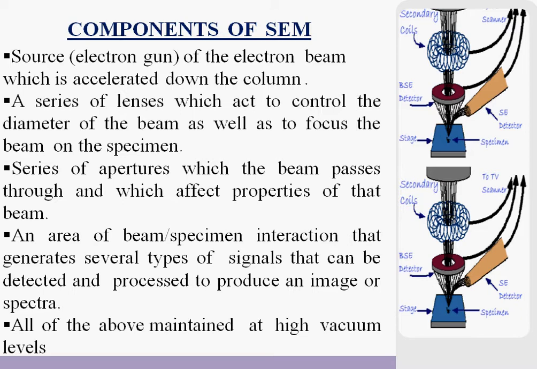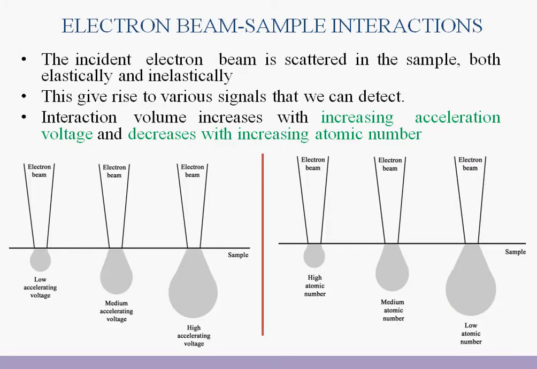The aperture can also be controlled with a series of apertures, otherwise it will affect the properties of the beam. And all this setup is maintained at high vacuum levels, without any outside atmospheric disturbance.